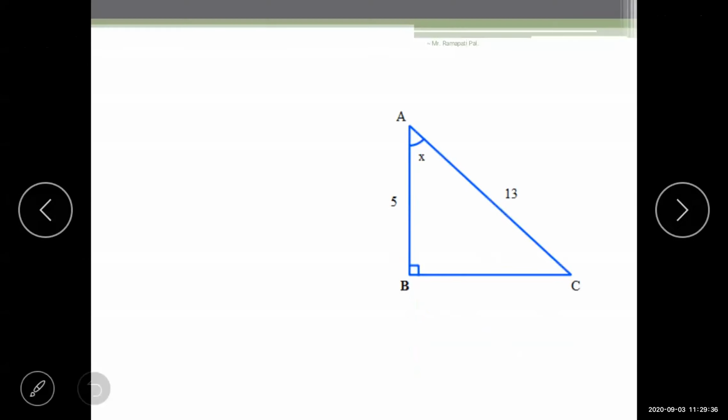You have to find the side BC, and then we are going to find sin x, cos x and tan x. So first, you have to find the value of side BC. Yes, Abhishek, fast.